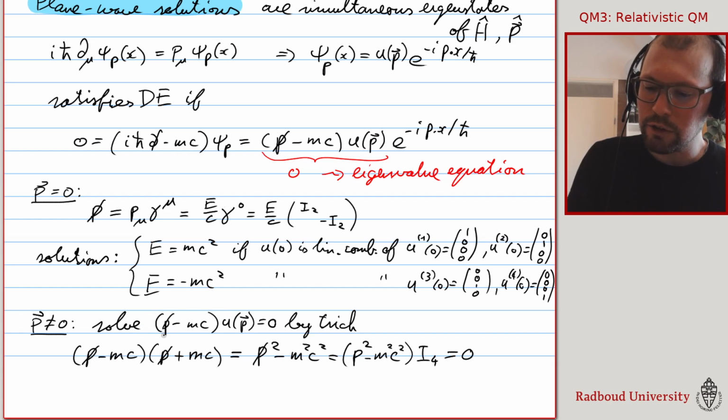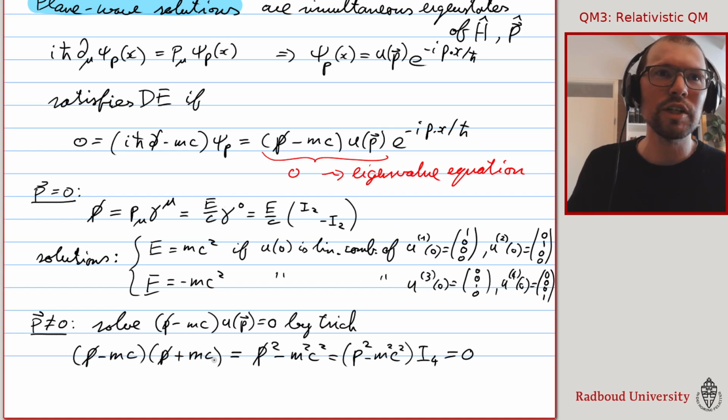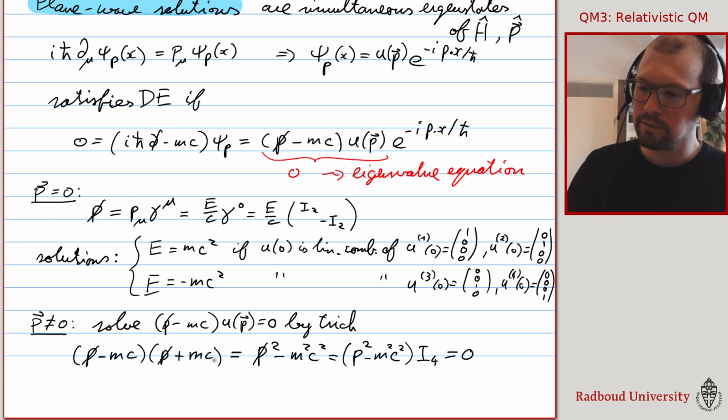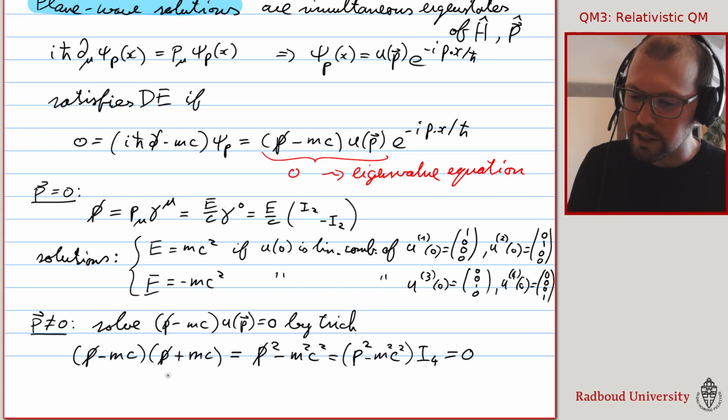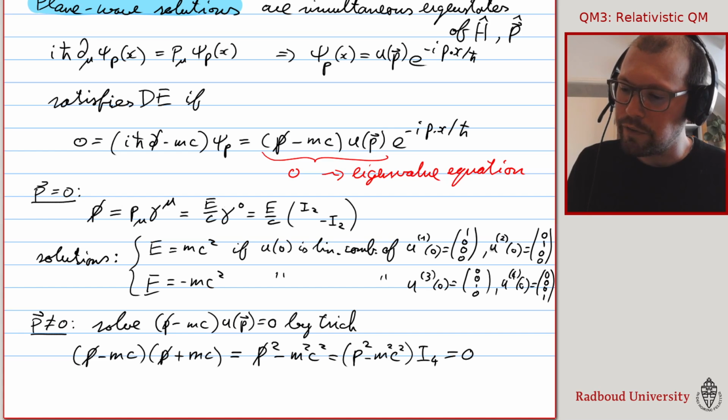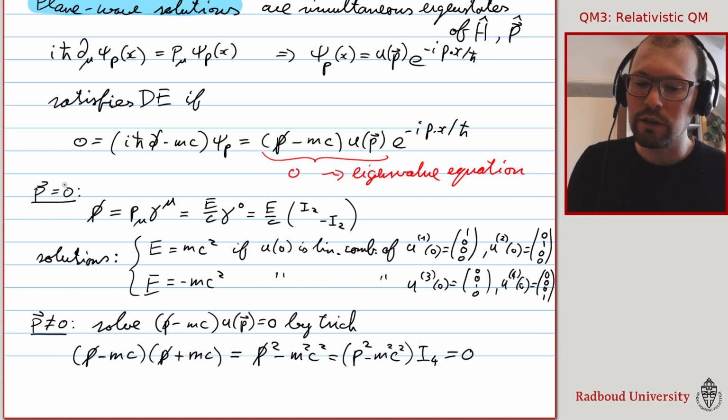So in order to get a solution to (p-slash minus mc) times a vector equal to 0, I can just take my vector to be (p-slash plus mc) acting on an arbitrary other vector, and it will automatically be a solution. So in particular, I can take it acting on these 4 solutions that I found for zero momentum to get a nice basis of the solutions for non-zero momentum.